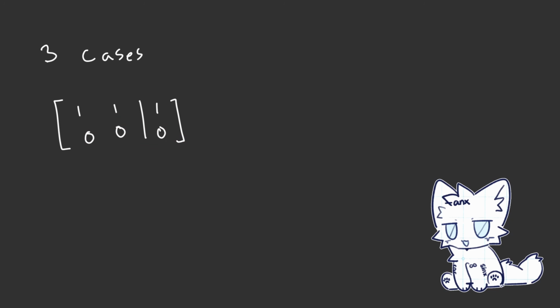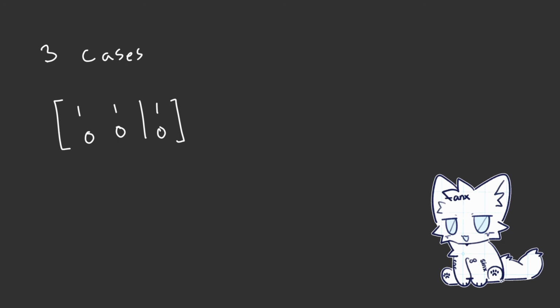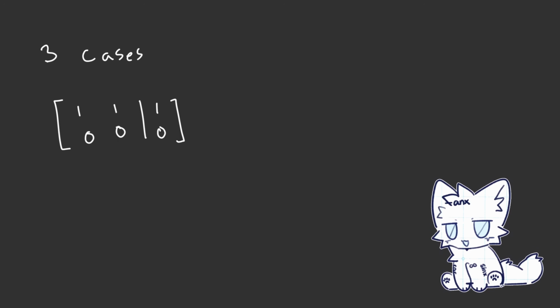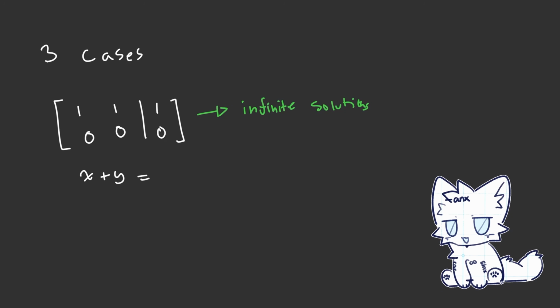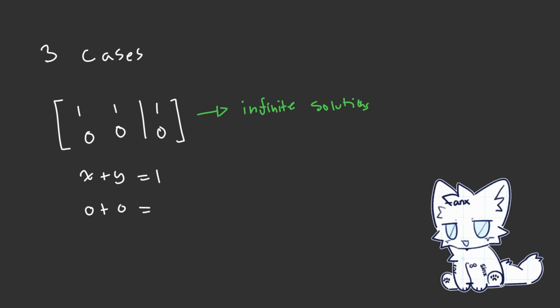If you ever see a row of zeros, you want to put it at the bottom, and that would mean that this has infinite solutions, because 0 is equal to 0. If you write this whole thing out, x plus y is equal to 1, and 0 plus 0 is equal to 0. 0 equals 0. Infinite solutions. Okay?